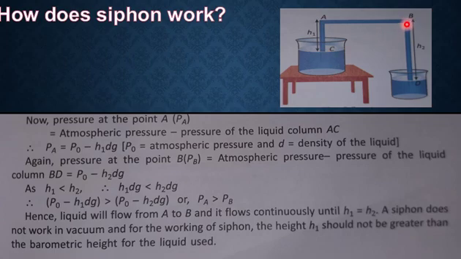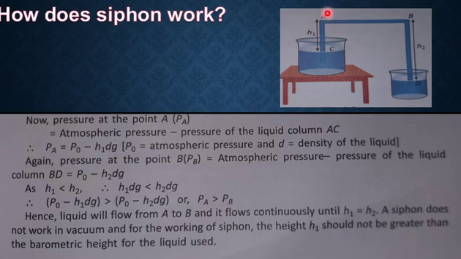Similarly, the net pressure which will be acting at B will be the difference between the atmospheric pressure and the pressure exerted by the liquid column of height H2. So what is the pressure exerted by the liquid column of height H1? That is H1 into D into G, where D is the density of the liquid and G is the acceleration due to gravity. Similarly, the pressure exerted by the liquid column of height H2 is H2 into D into G.